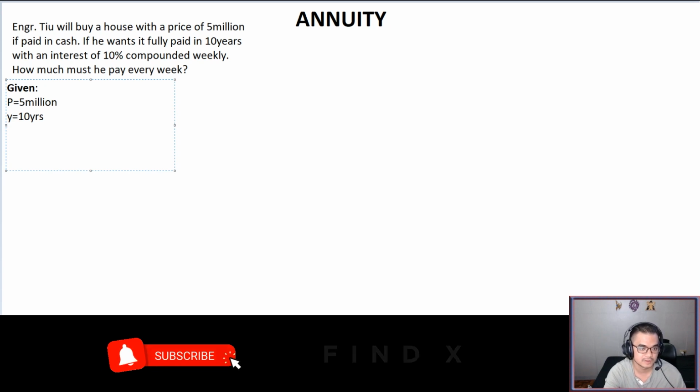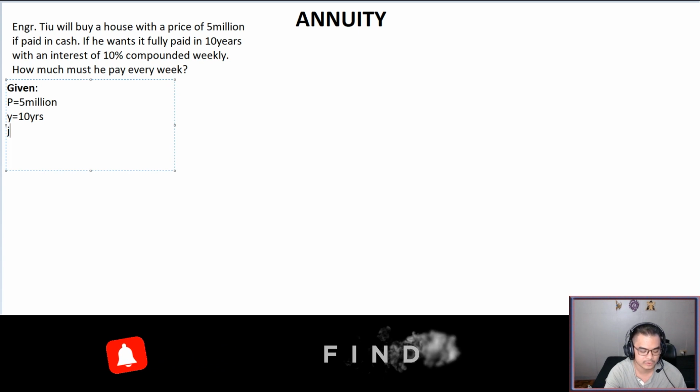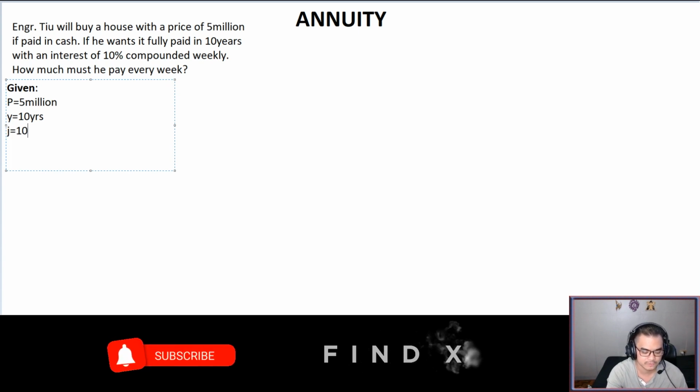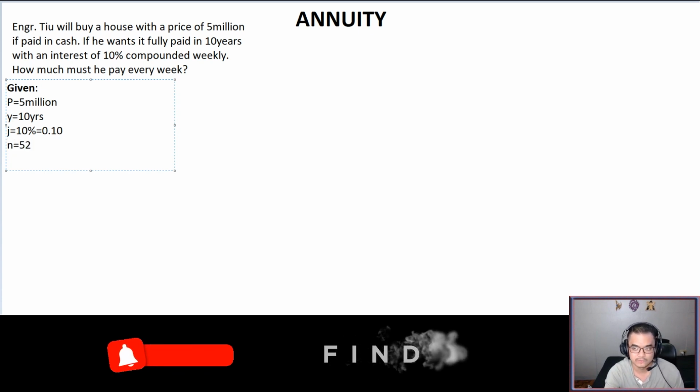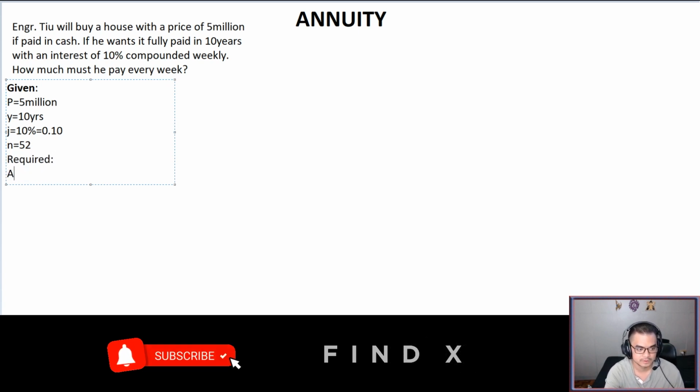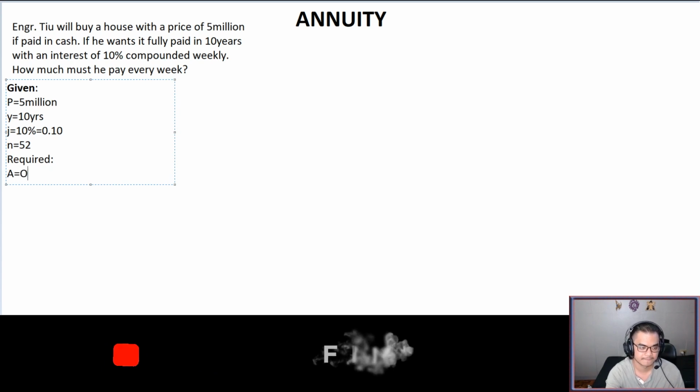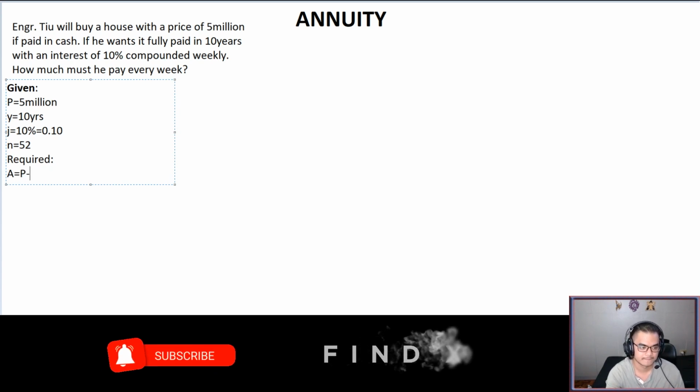And then the interest rate: because of the word compounded, your 10% must be your nominal rate of interest, so this must be 0.1. And then compounded weekly, your n must be 52. So now we are required to find the annuity.